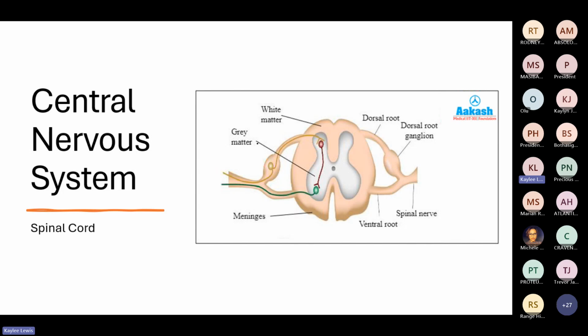And your sensory neurons always travel through the dorsal root, which is the top part of the spinal cord. The impulse then goes to your connector or interneuron, and then the impulse would leave the spinal cord through motor neurons, so it's leaving, and will exit through the ventral root.